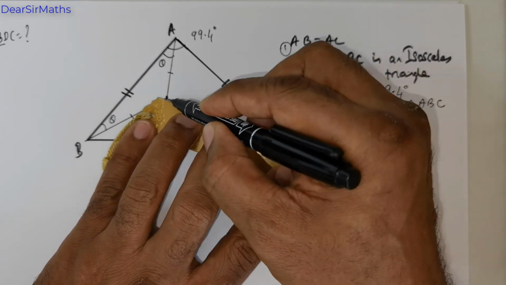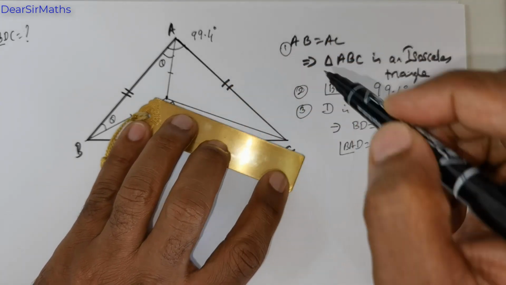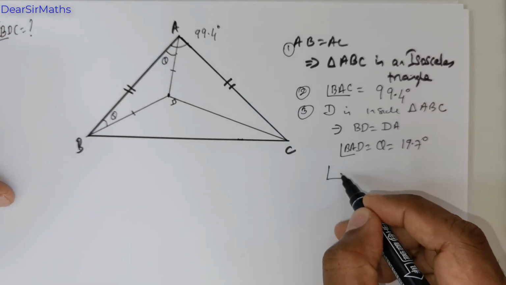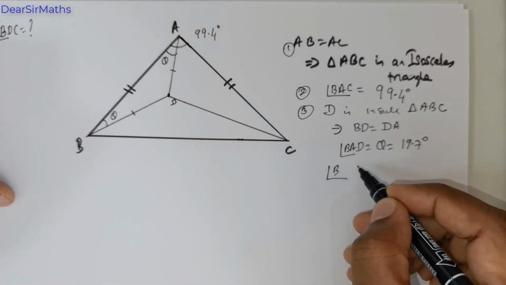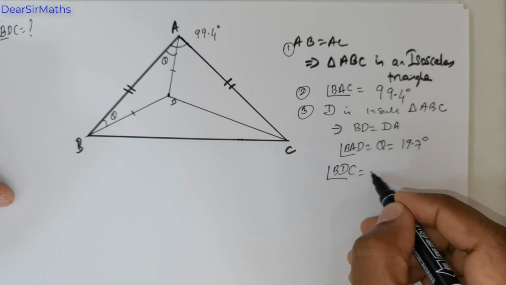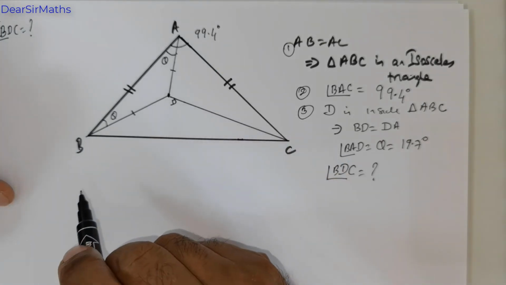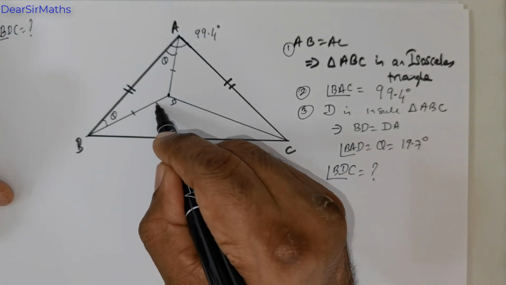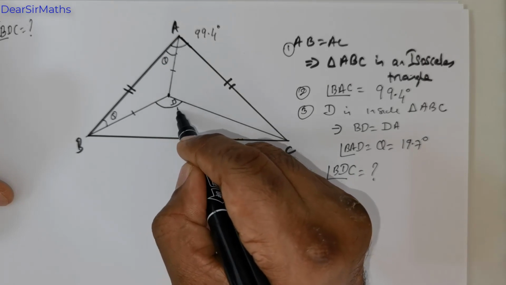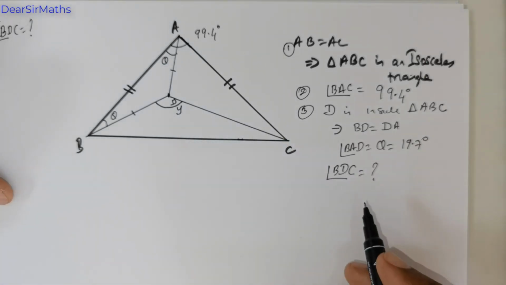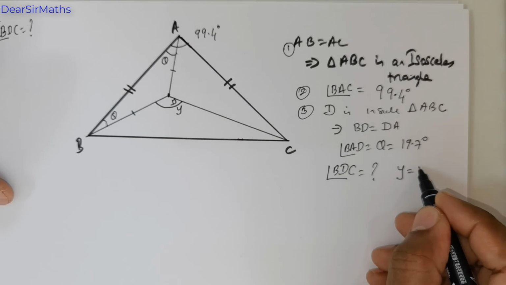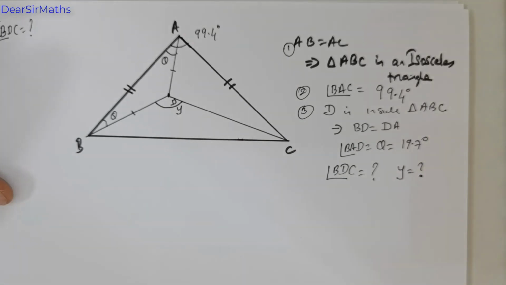So this is required. We are asked to find what is BDC. So if I were to take this entire angle to be y, we need to get the value of y. Simple as that.